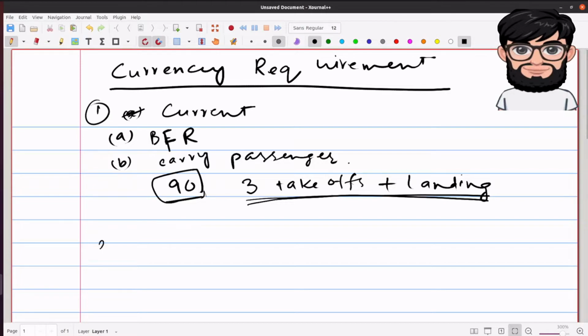Now let's go to the second one. The instructor can ask you, you haven't logged a lot of things in your logbook, so are you in violation of any regulation? The answer is no, we are not. Even if we're flying and not logging it in our logbook, it is not a violation of any regulation.